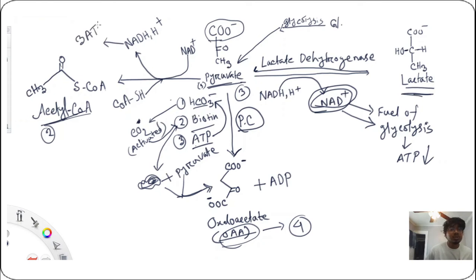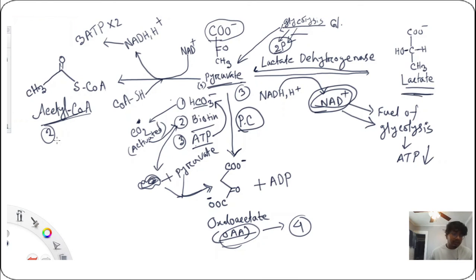3 ATP here, and actually glycolysis will produce 2 pyruvate. So one step of glycolysis will produce 2 pyruvate, and 2 pyruvate will produce 2 times 3 ATP, that means 6 ATP. So here we produce 6 ATP.